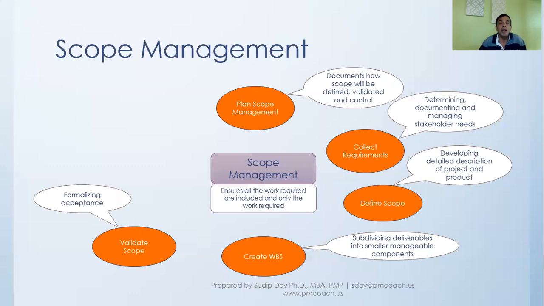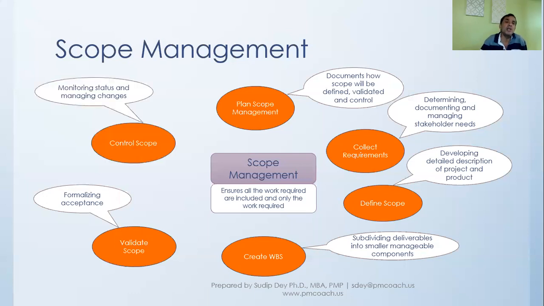Essentially, this is where our users and stakeholders will actually validate what we have done and formally accept the deliverable. And as we are going through the execution, we are also going to monitor the status and manage changes.